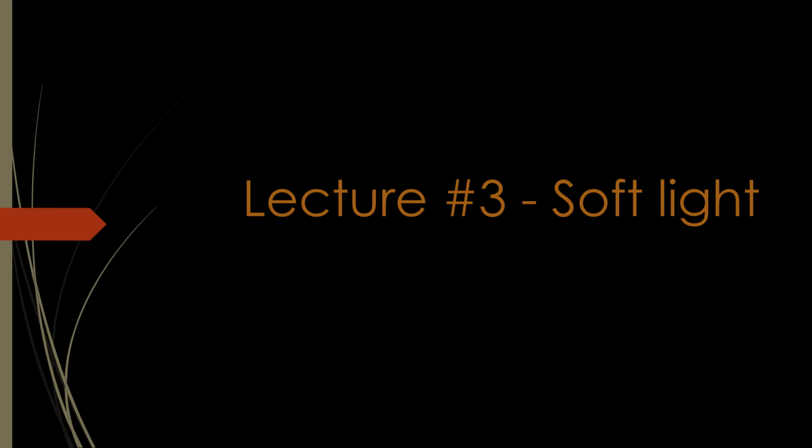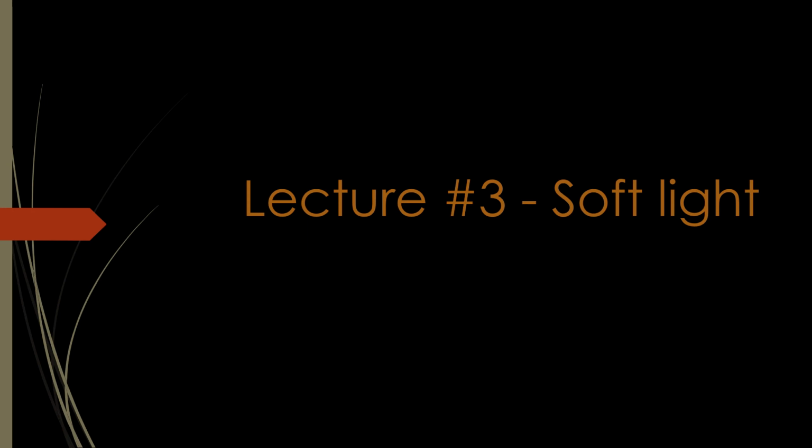Just for clarification, I use different terms for the other type of light. When I talked about direct light, I only used the term direct. For the other types of light, I think the most appropriate term will be soft, and we'll see why it is soft.